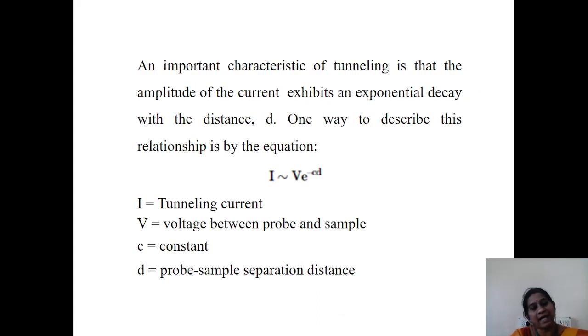The important characteristic of tunneling is that the amplitude of the current exhibits an exponential decay with the distance d. That can be described by this equation: I ≈ V e^(−c·d), where V represents the voltage between the probe and the sample, C is a constant, d is the probe-sample separation distance, and I is the tunneling current.